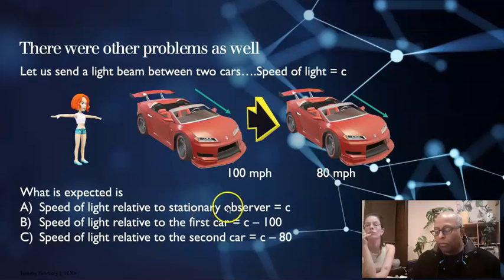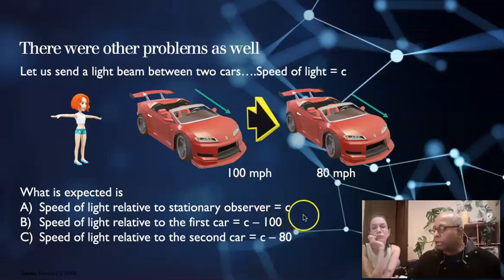Now, what happens when you send a light beam between these two cars? Let's say the speed of light is c. It's a big number, 186,000 miles per second, so instead of writing that, let's call it c. This person going at 80 miles per hour, light is going at c.